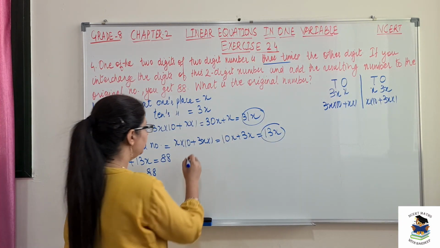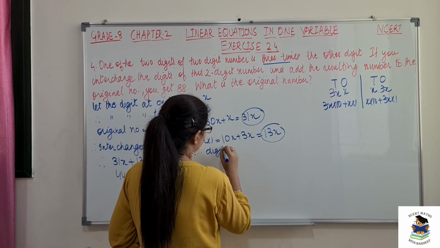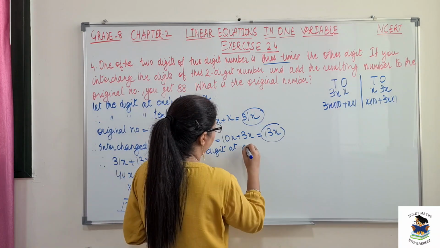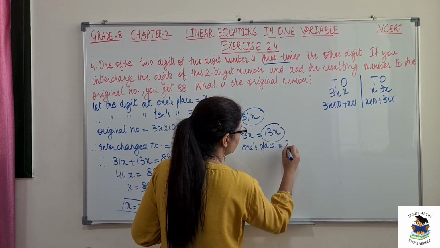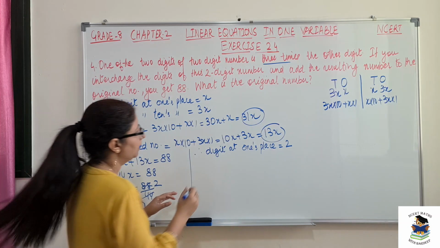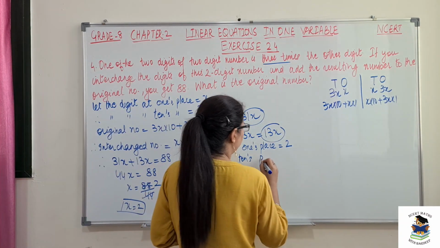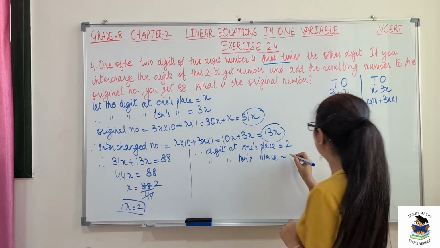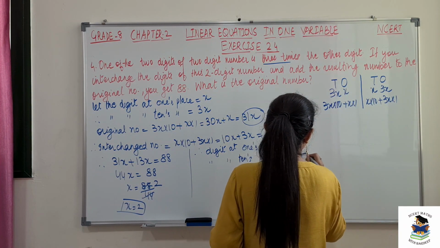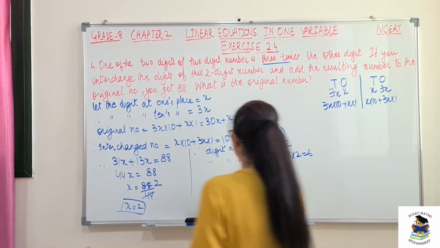So therefore what is the digit at 10's place? Therefore the digit at 1's place is 2, and the digit at 10's place is 3x. So that means 3 into 2 is 6. So what should be my number then?